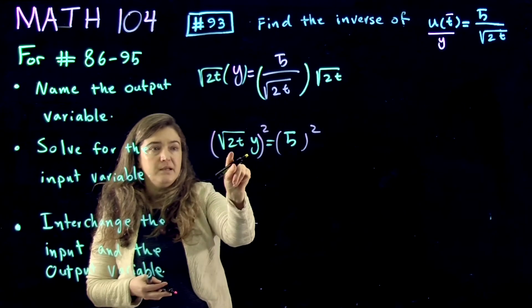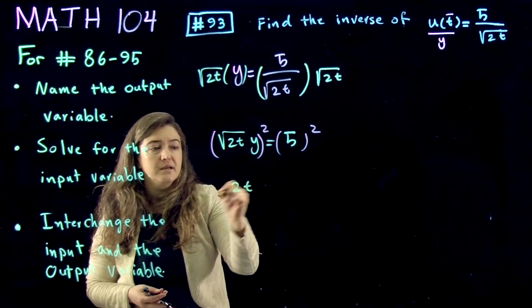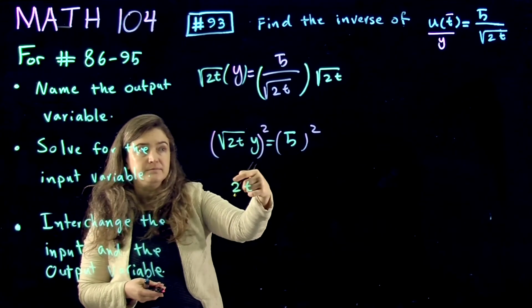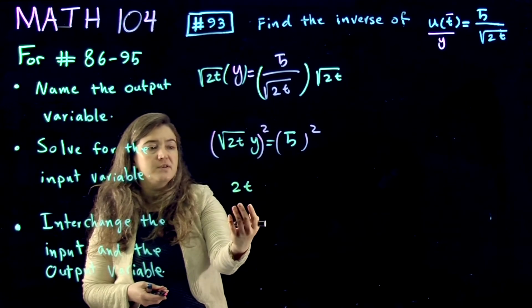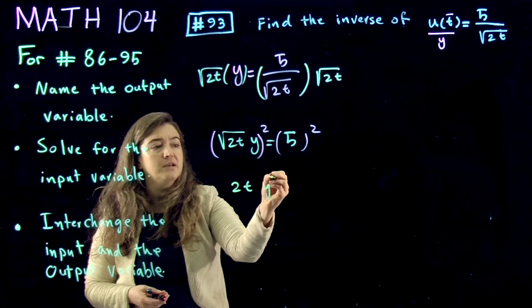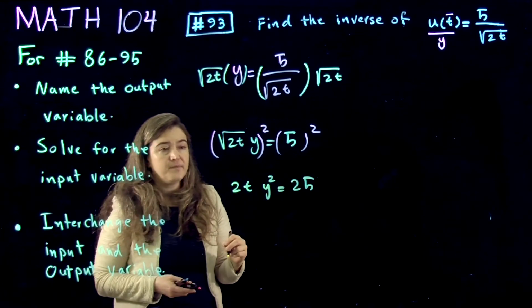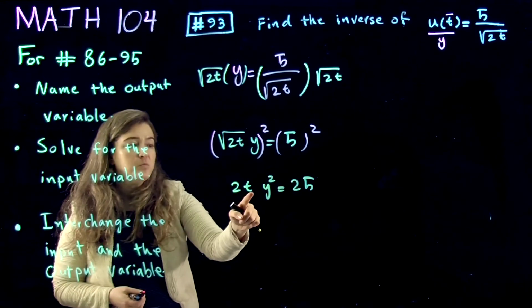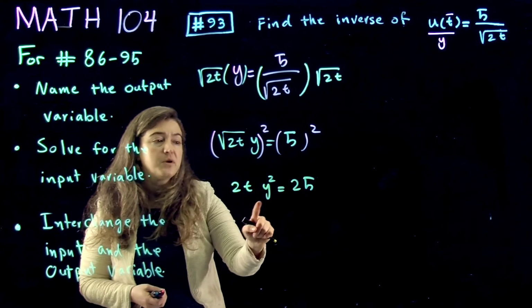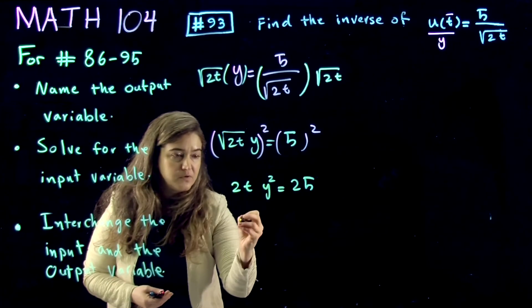The square root to power 2 becomes, they are inverse functions of each other, so it becomes 2t, and then it will be y to power 2, and the other side is 25.